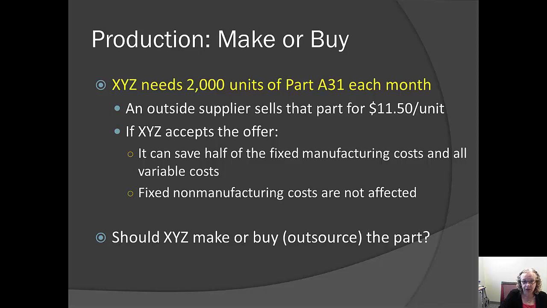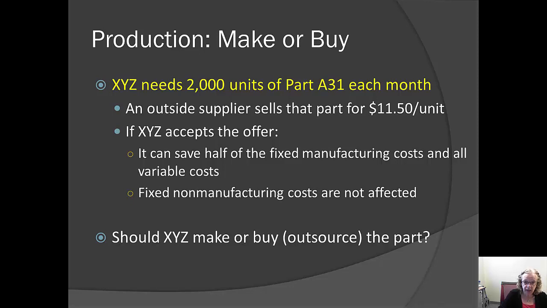However, in a homework assignment or a test question, that information must be given to you. We're also told that the firm's fixed non-manufacturing costs will not be affected by this decision. So that means those costs are not relevant.